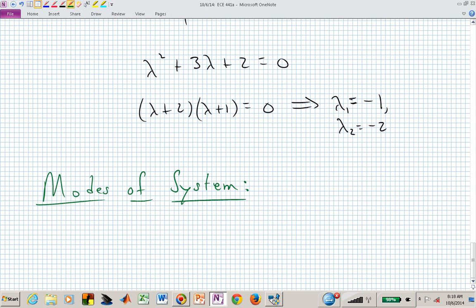Now the modes are influenced by the poles, and those poles, those eigenvalues, are the terms in the exponents of our modes, so that we now have e to the minus 1 times t and e to the minus 2 times t. Those are the modes, and that's how our system would naturally like to evolve.